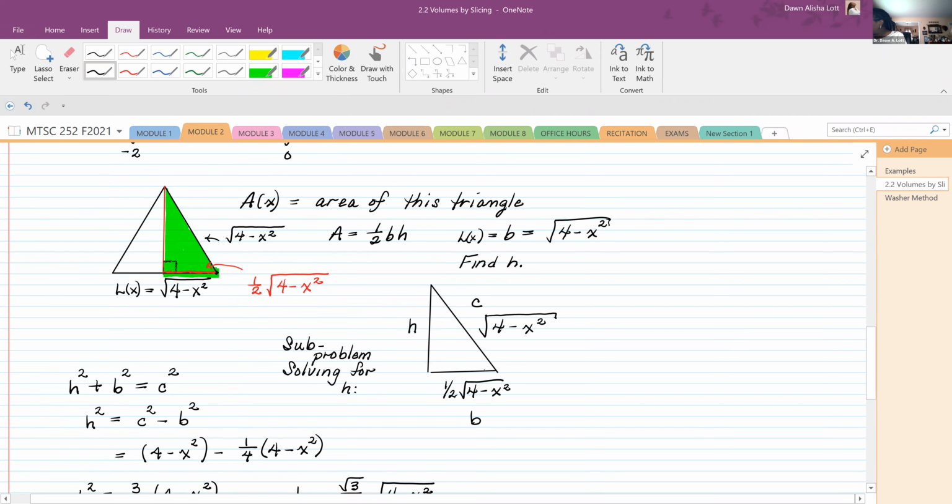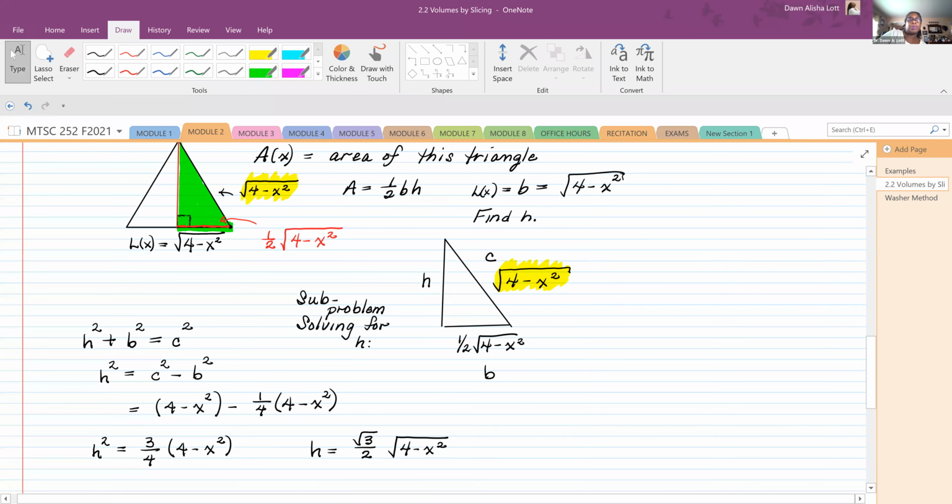For this new problem, its base is 1/2 the whole length, the length I had before. And because it was an equilateral triangle, this side is this side right here. So now I just used the Pythagorean theorem, that h squared plus b squared has to equal c squared. So I was able to solve for what h is.